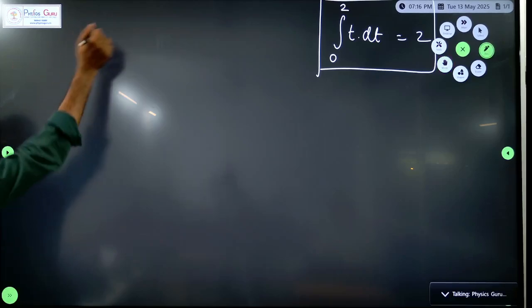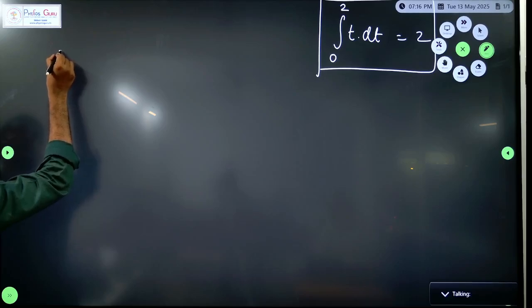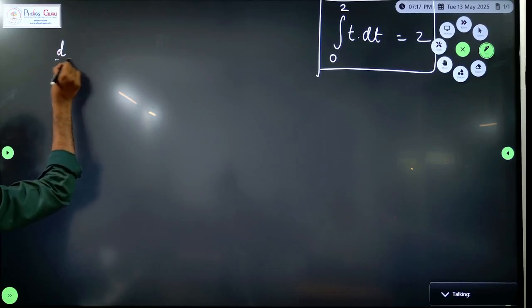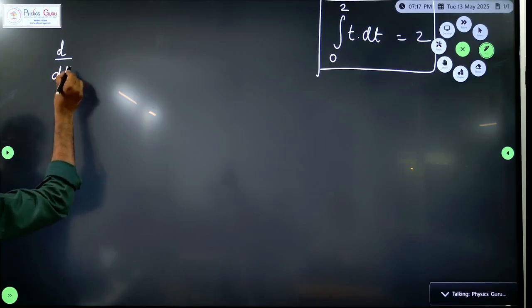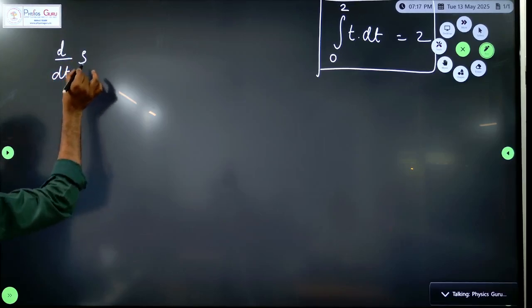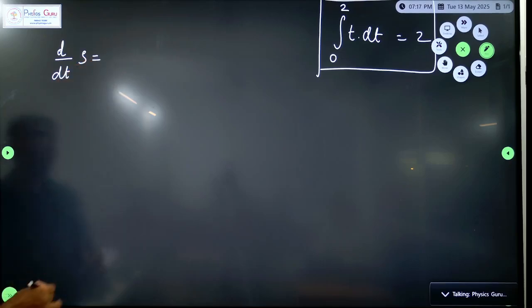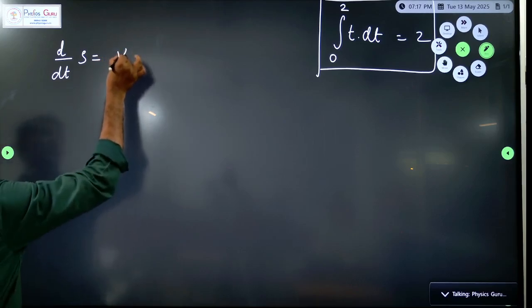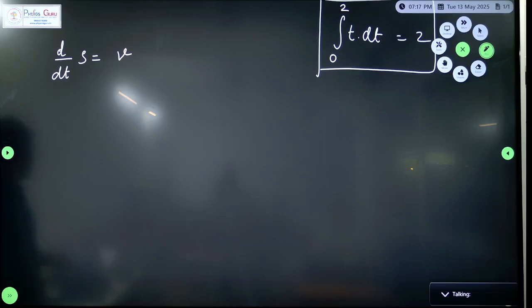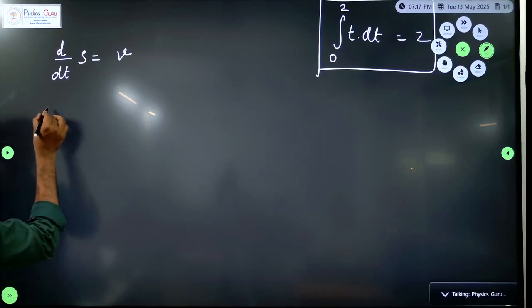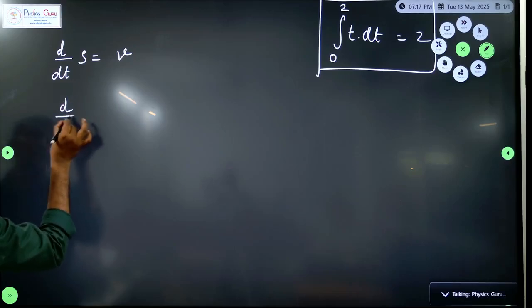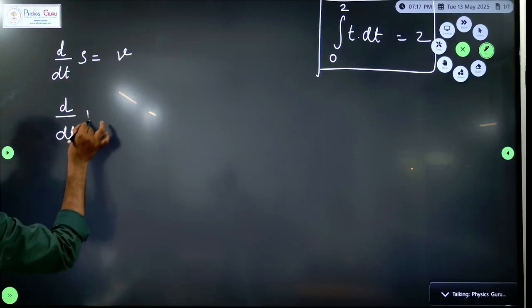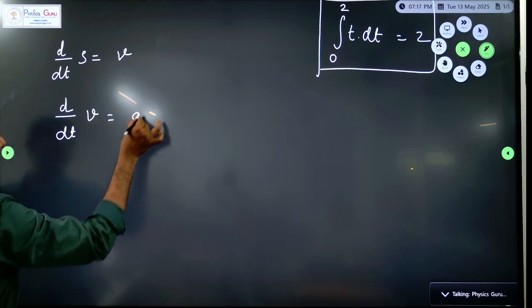We know d by dt of displacement is equal to, you already know this, it is called velocity. Am I right? Now let's take d by dt of velocity is equal to acceleration.